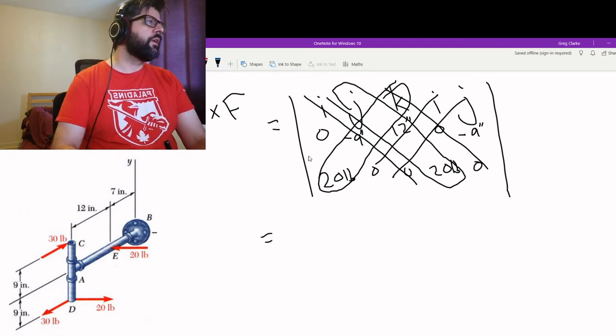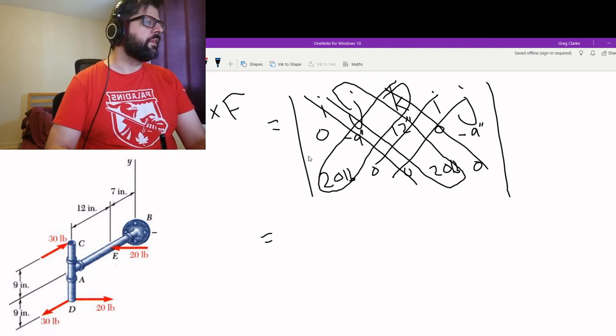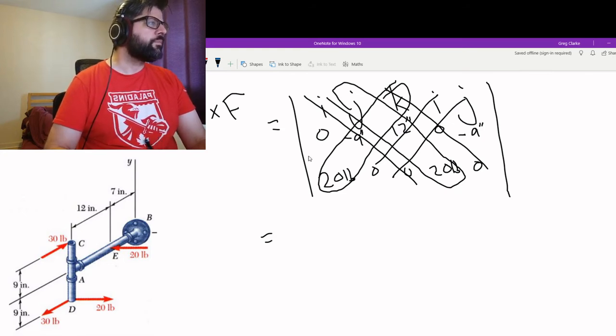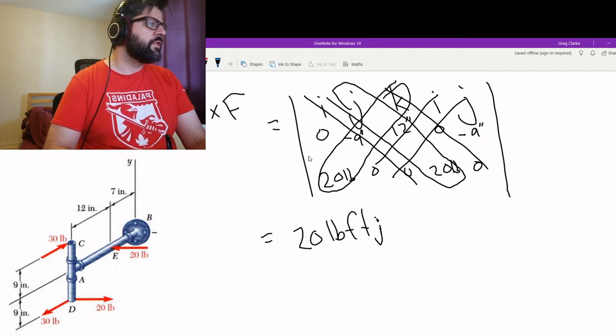So the result there, J times 12 inches times 20 pounds. I'm going to convert that to feet, pound feet. So that's going to be 20 pound feet in the J. That's J, not an I.